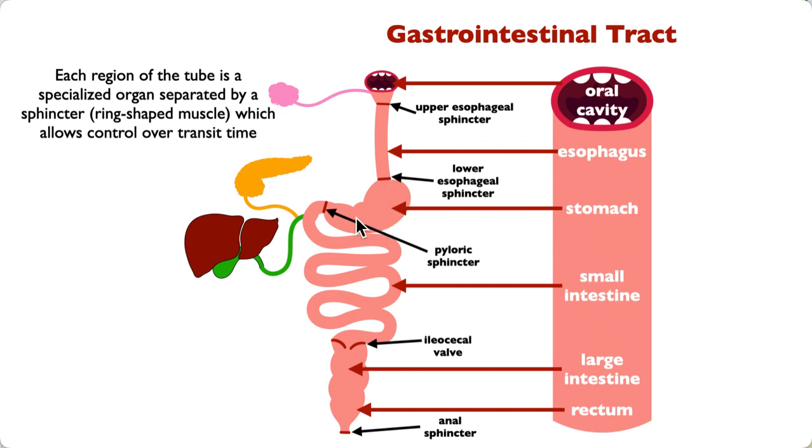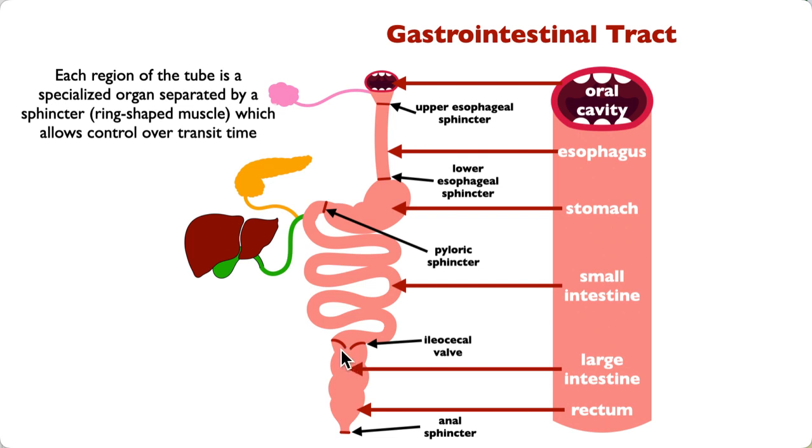As the digesting material moves through the stomach into the small intestine, it has to pass through the pyloric sphincter, so that controls when we let that out. And then at the end of the small intestine, there's a structure called the ileocecal valve.